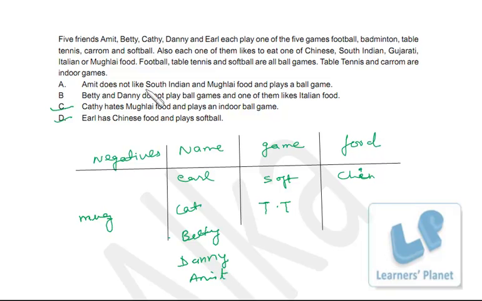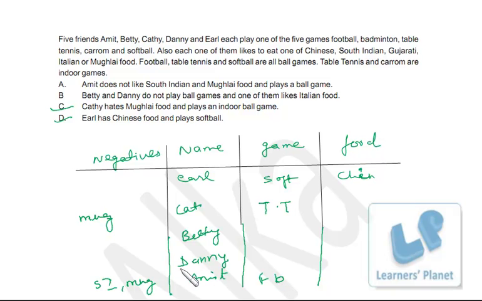Amit does not like South Indian, so Amit negative South Indian, and Amit does not like Mughlai also, so it's negative Mughlai, and plays a ball game. Okay, softball and TT are taken, that means it should be football.